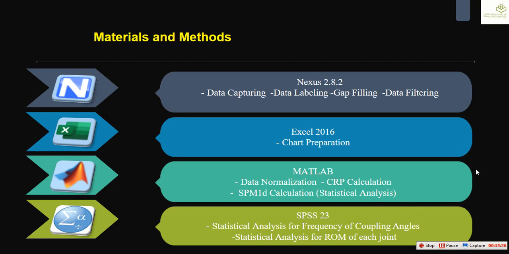In data analysis, we used different software, for example, Nexus for data capturing, data labeling, gap filling, and data filtering. We used Excel for chart preparation and MATLAB custom written code for data normalization, CRP calculation, and statistical analysis.